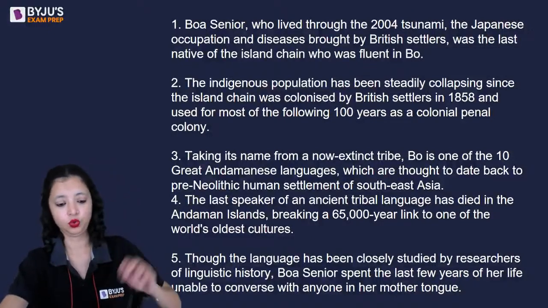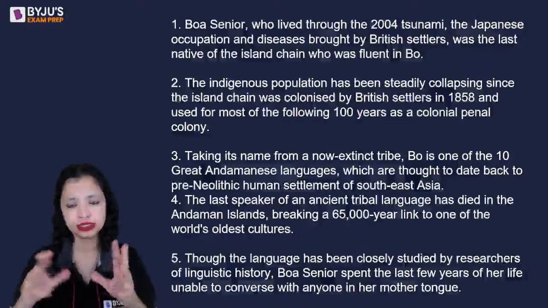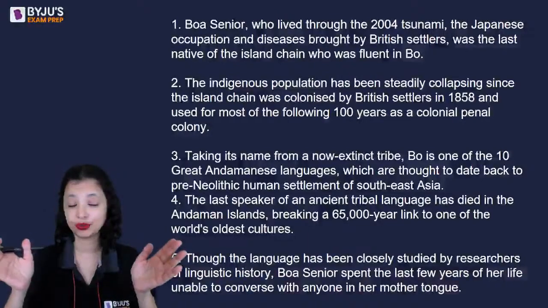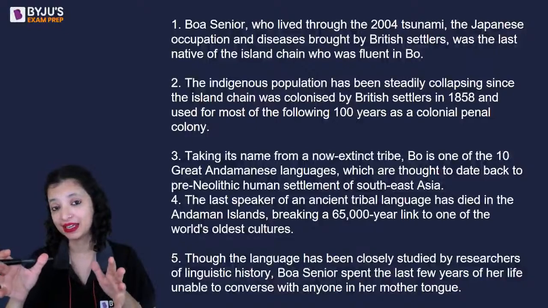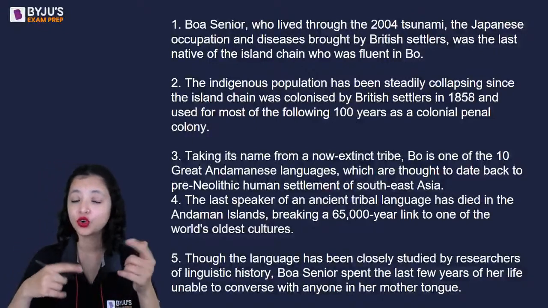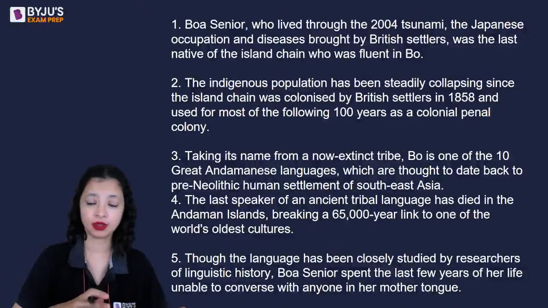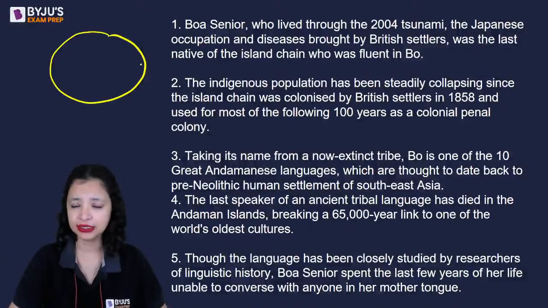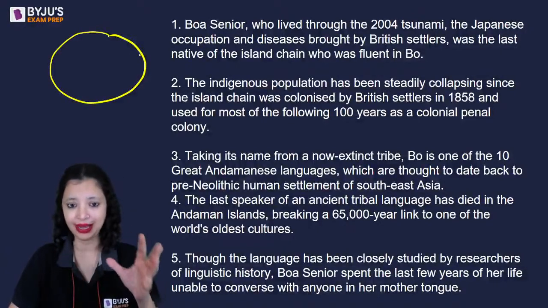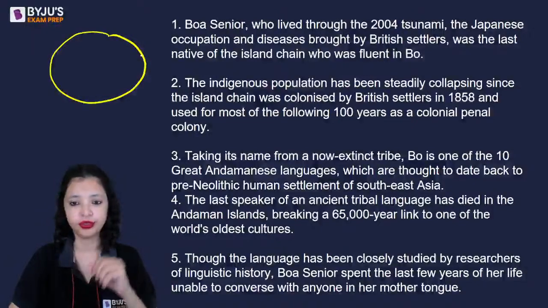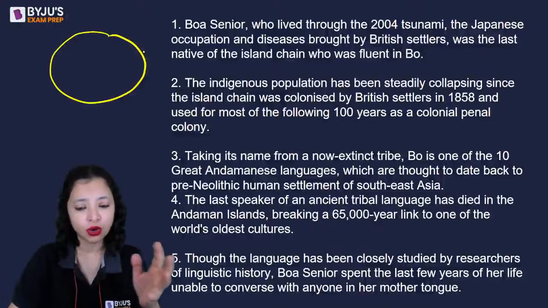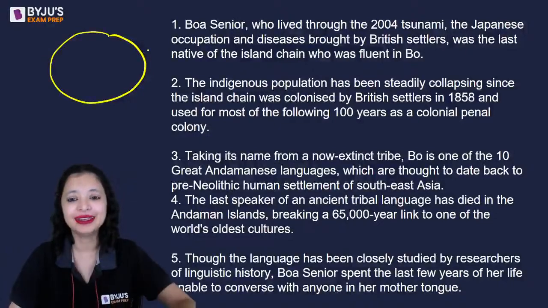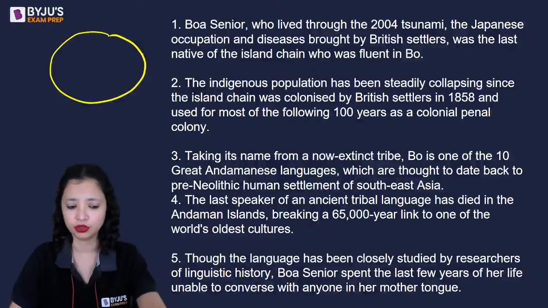Okay, let me help you out. I think by this time you've understood that all the statements are taken from the same passage, right? Yet there is a common link between four statements, and one is going to be an odd one here. The major theme here is going to be one island, the language that's spoken there, the people who live there, who are the last residents there, and the people on the island who speak a specific language, right?